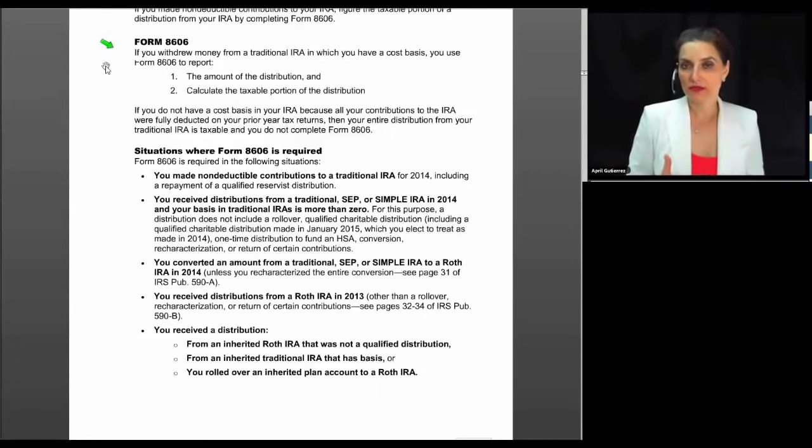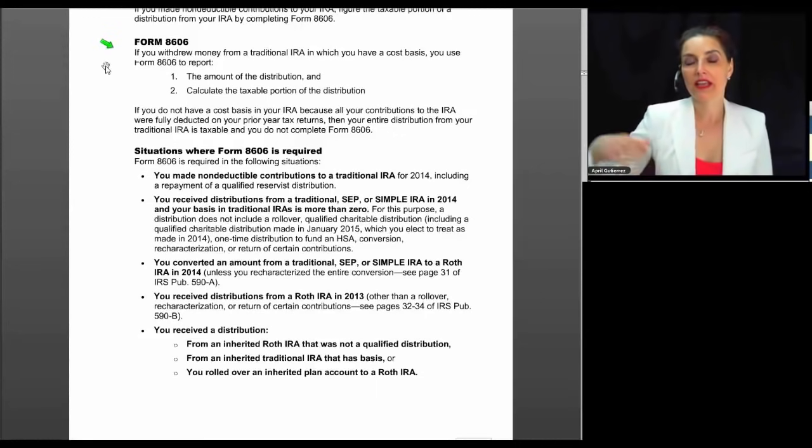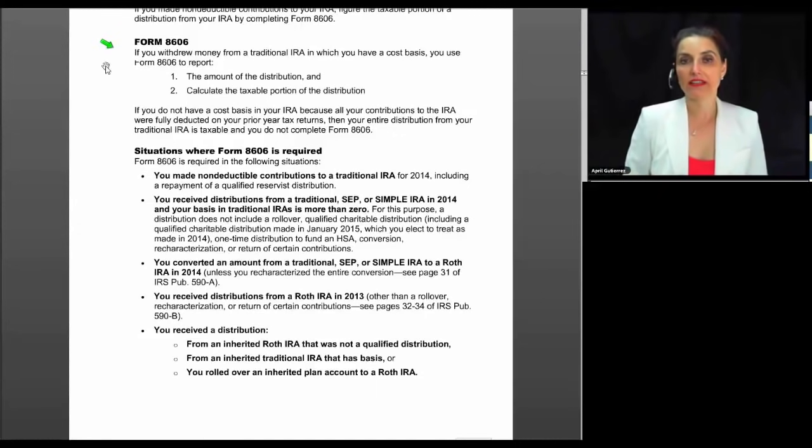You also use the form when you take a distribution from an account in which you have a cost. Today we're looking at income, reporting of retirement income, so we're going to be looking at the distribution side of Form 8606. In our next class, in just a couple of days, on above-the-line deductions, we're going to be looking at how to use Form 8606 when we make a contribution to an IRA.